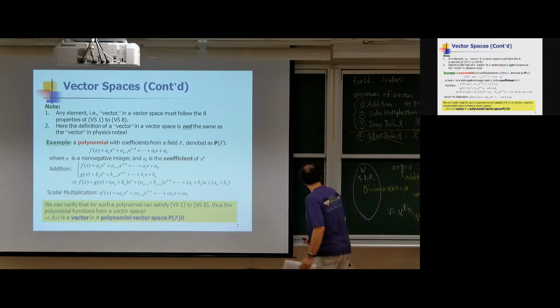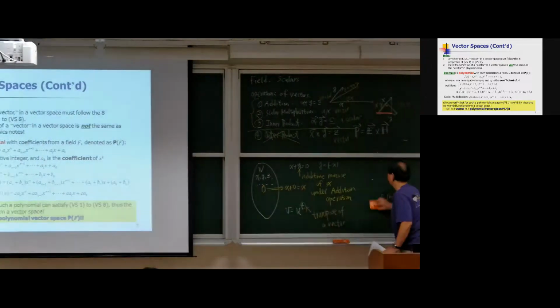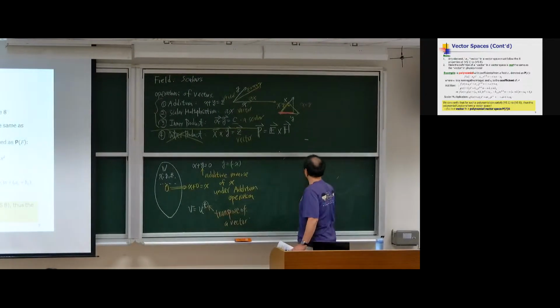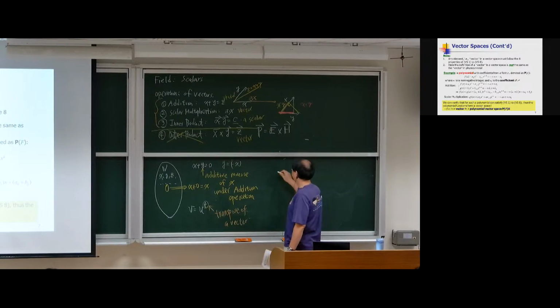Here, we can just imagine that for a three-dimensional vector space, I have U, which is denoted as A1, A2, A3 in this X, Y, Z coordinate. And what does it mean?